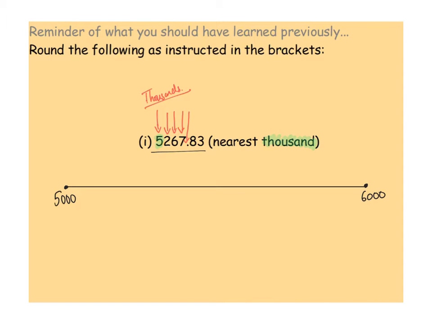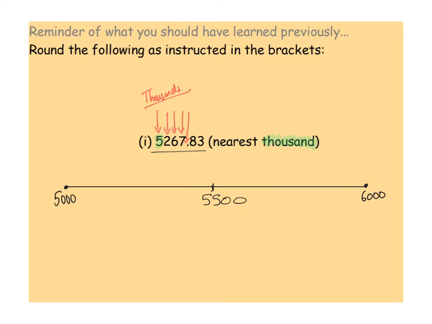And the easiest thing to do to work that out is to first work out the number which goes in the middle of these two. So in the middle of these two, exactly halfway, would be 5,500, and then you can figure out whether the number in the question is lower than this, so on this side, or higher than this, which would be on this side.